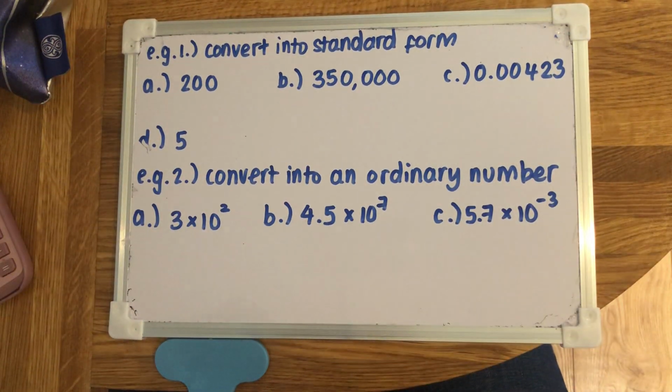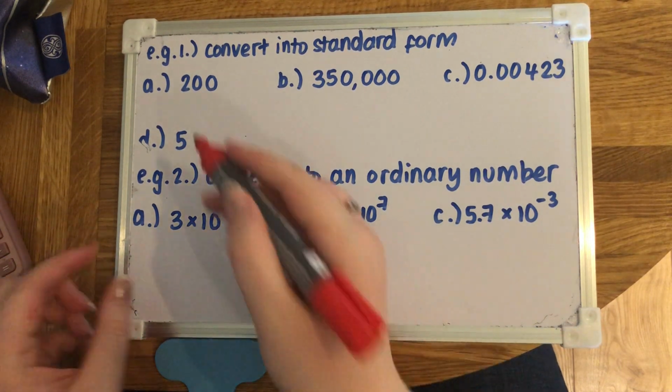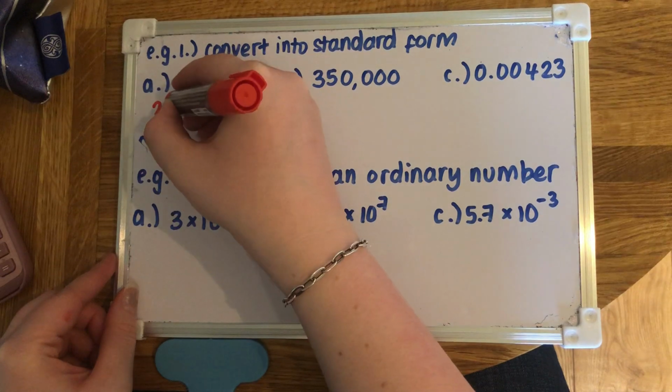We're going to start with example 1, just converting into standard form. If we had, for example, 200, remember what we said: the first number at the front needs to be between 1 and 10. So for 200, the number at the front would be 2.